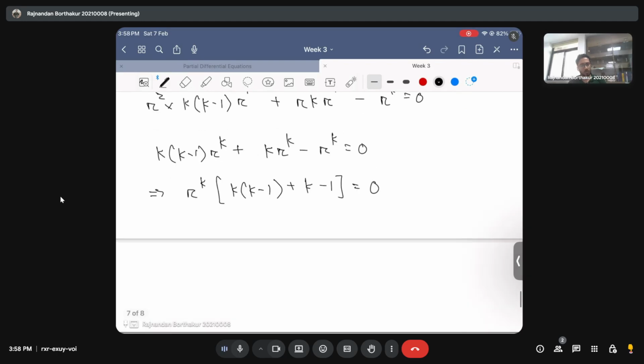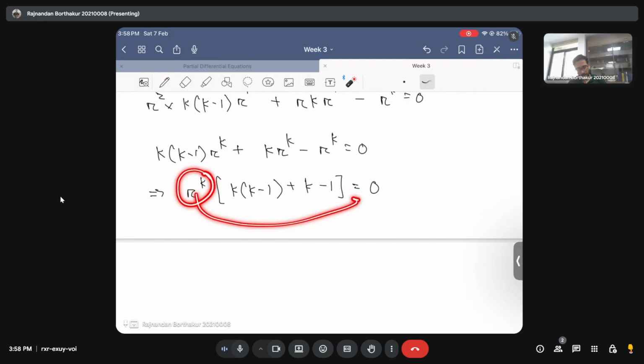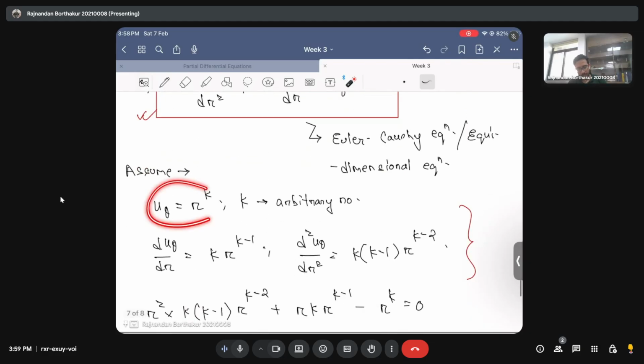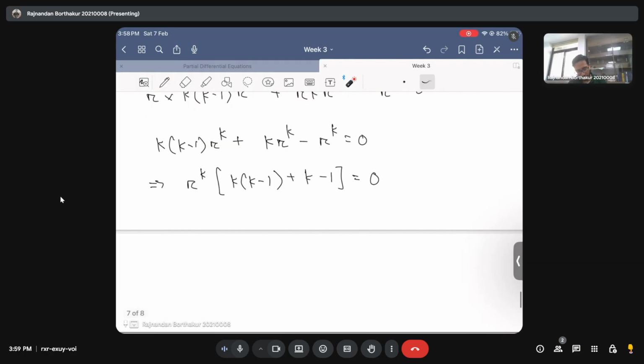Now we have two options. One, r^k can be equal to 0, but that is not possible. If r^k is 0, then u_θ will just be equal to 0, but that is not possible because u_θ has non-zero values at the interfaces of the cylinders. So r^k can't be equal to 0.